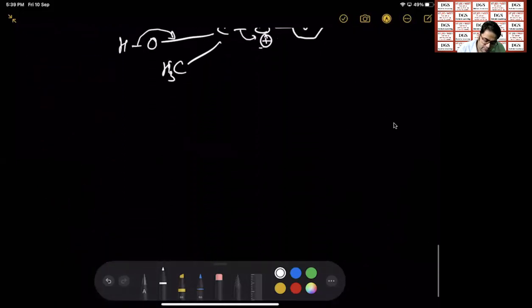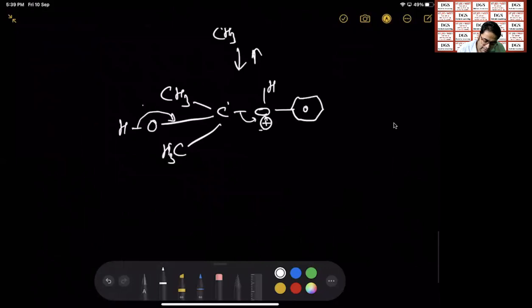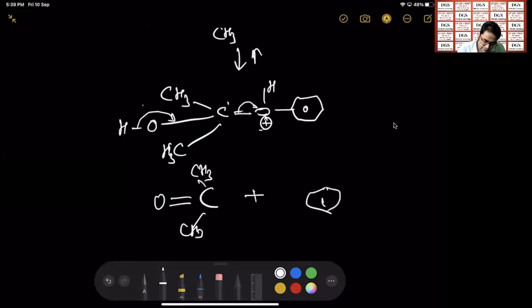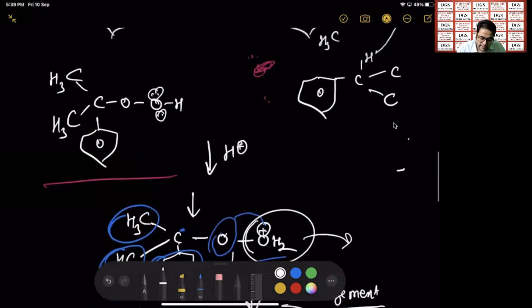So as this bond is moving in this direction, and for your convenience, let me draw it like this. So what we'll get: CH3, double bond O plus, phenol. So this is the overall mechanism.